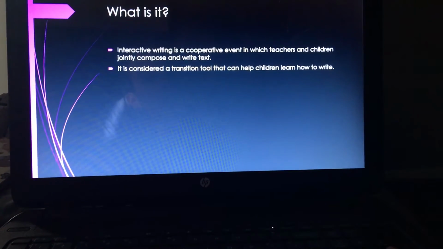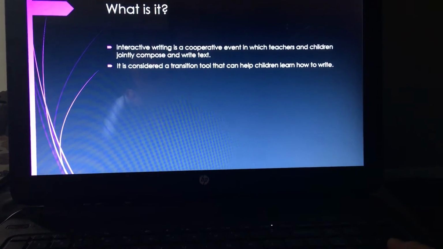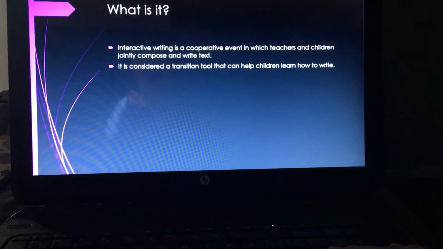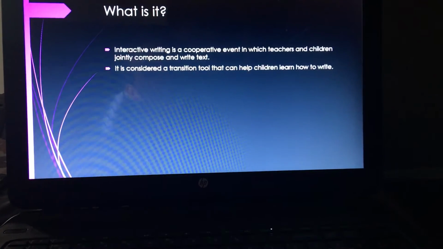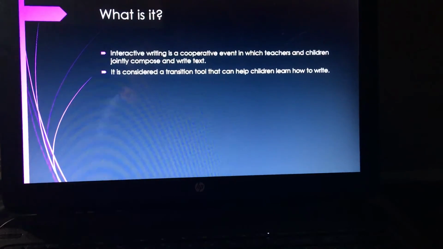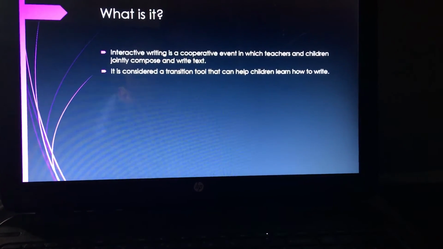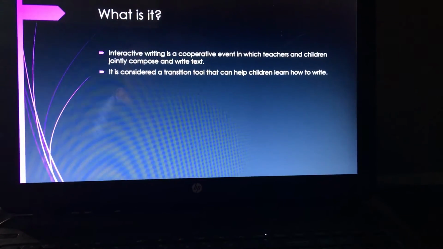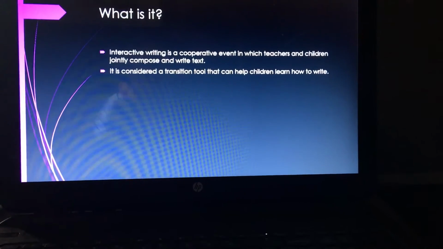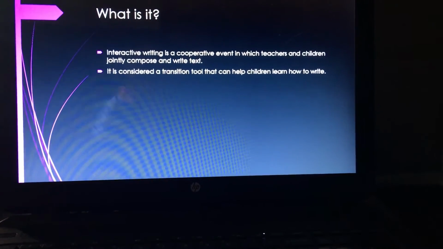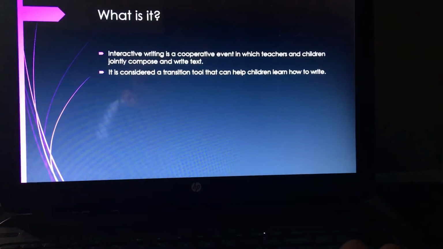So what is it? Interactive writing is a cooperative event in which teachers and children jointly compose and write text. So this gives you and the students a chance to do something that's a little bit different. It allows you to see the students' creativity and what they know about words. It is considered a transition tool that can help children learn how to write.